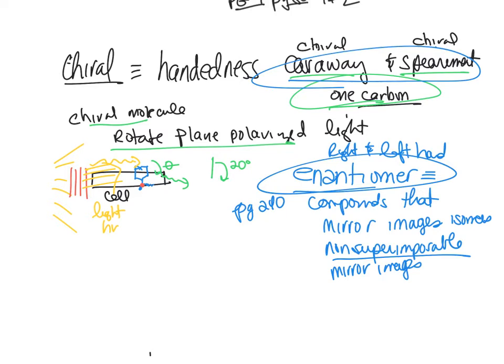Well, you've learned a little bit about dashes and wedges. So if you take a compound that has a stereocenter, let's see, so if we have this as a stereocenter, and then if you had a mirror image of this, well, let's make it simple.